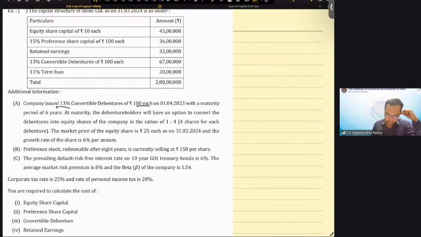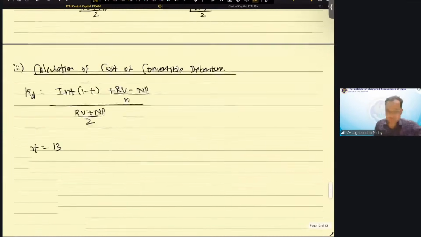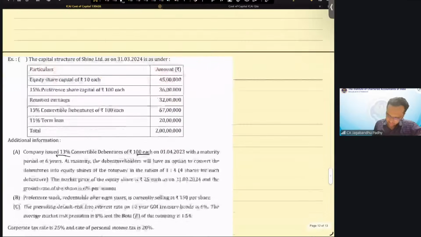Now, do we have the current market price of the convertible debenture? Well, there is no current market price, right? So we can definitely say net proceeds is going to be 100 itself, which is the issue price.